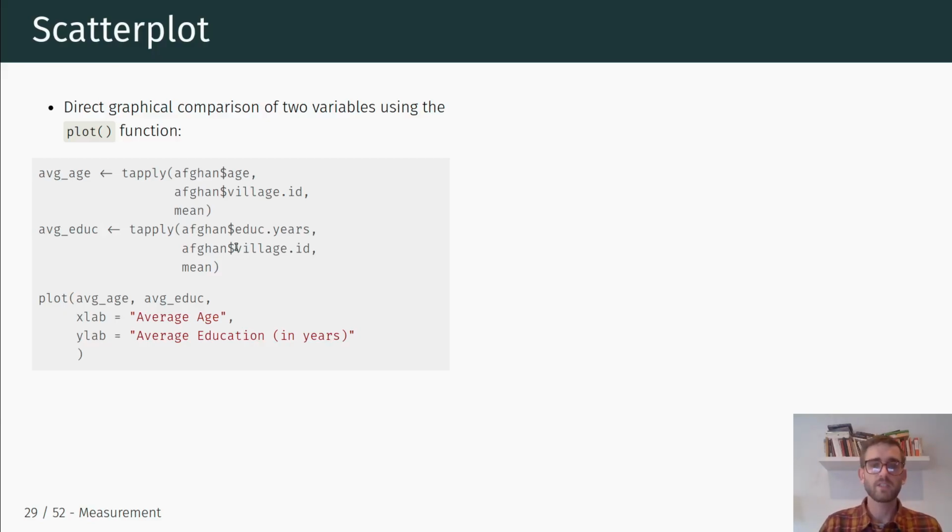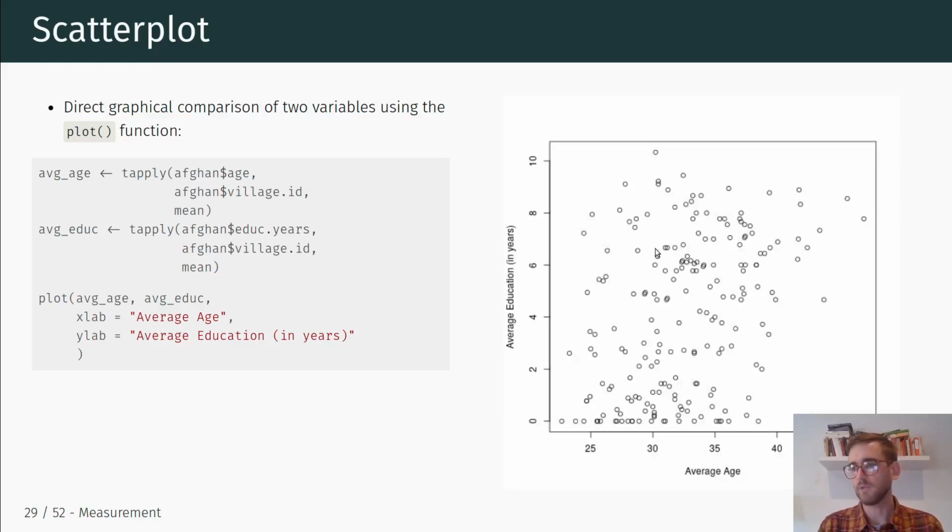So if we want to look at the distribution of those two variables together in our survey, again, we use the plot command and we include both variables as arguments in our plot call. And we can set the labels for the x-axis and the y-axis accordingly. The resulting plot looks like this.